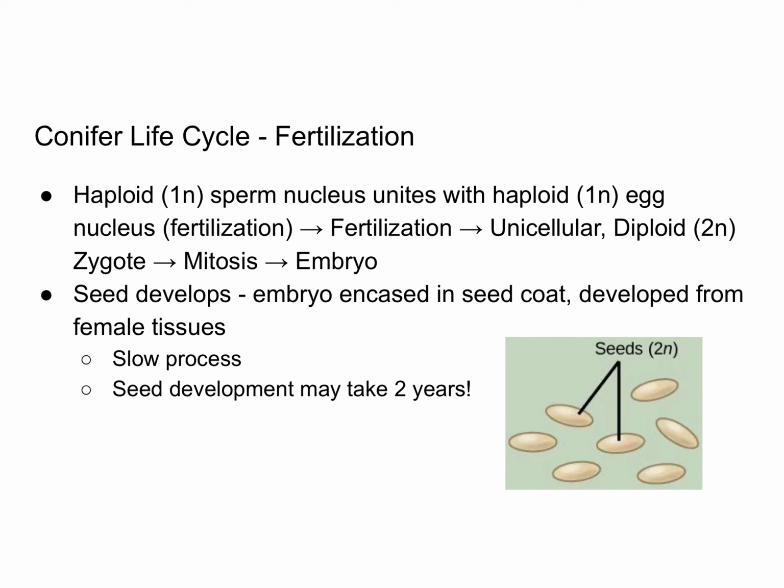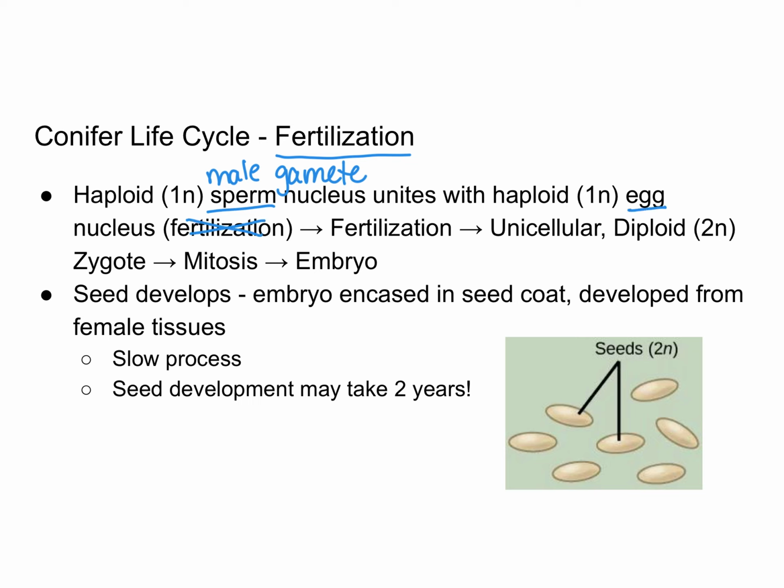So now let's take a look at what happens during fertilization. So pollination has already occurred, and the male gamete, the sperm, has been delivered to the ovule of the female megasporangium. So during fertilization, a haploid cell, in this case the sperm, which is the male gamete, its nucleus fuses or unites with the haploid nucleus of an egg.